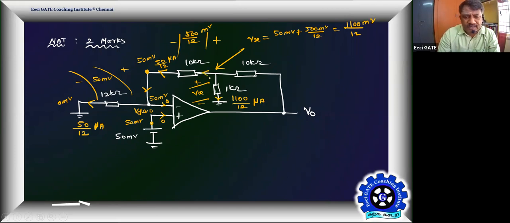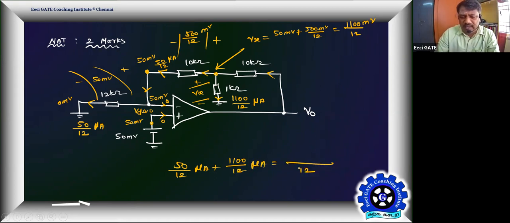And this current and this current both are leaving this node. Therefore, the net current is the sum of the two currents. If I do that addition, it is 50 by 12 microamps plus 1100 by 12 microamps. They have the same denominator, 12. Then it is going to become 1100 plus 50, so 1150 by 12 microamps is the total current.